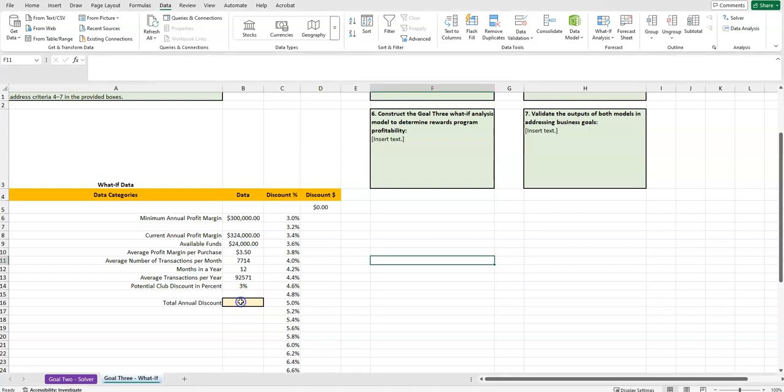So in the total annual discount, you need to take the profit, 350, times transactions per year, 92,571, times the percentage.